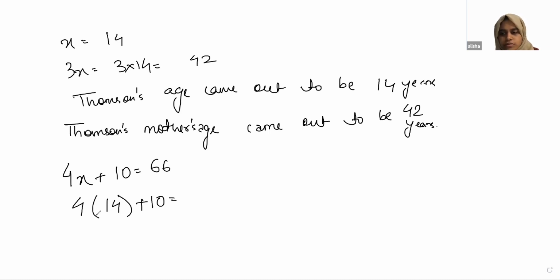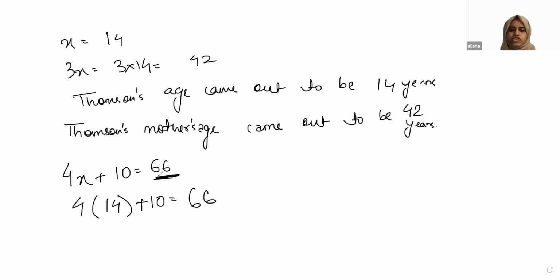How much? It will be 56 plus 10, which will be 66. Was it 66?